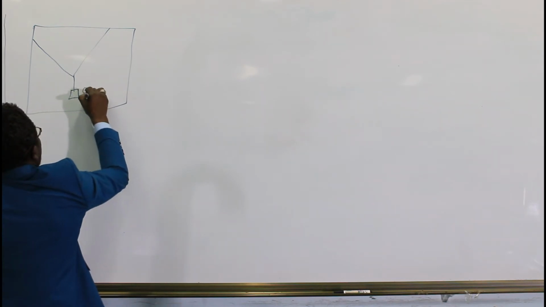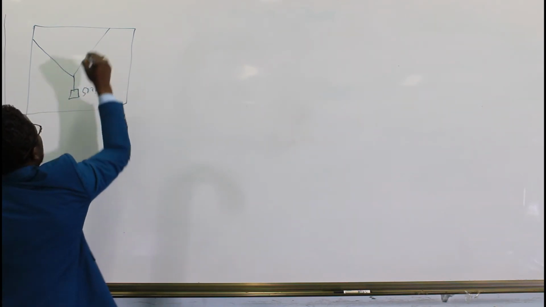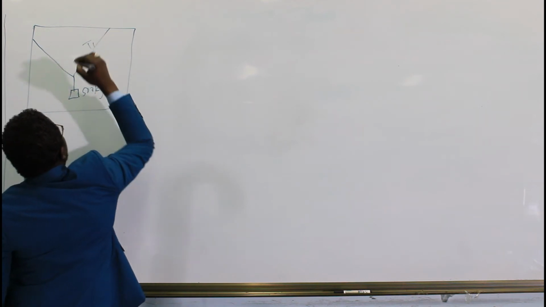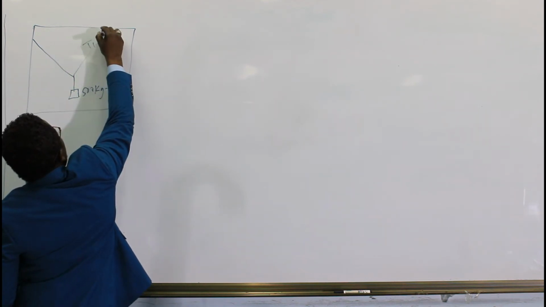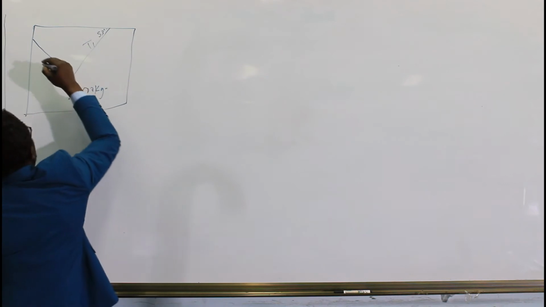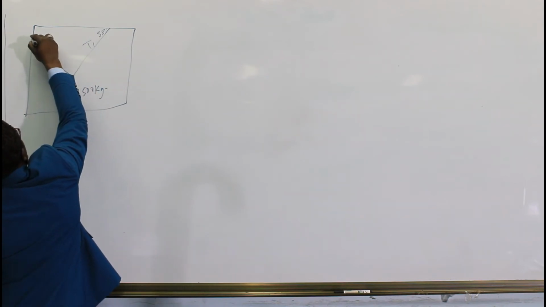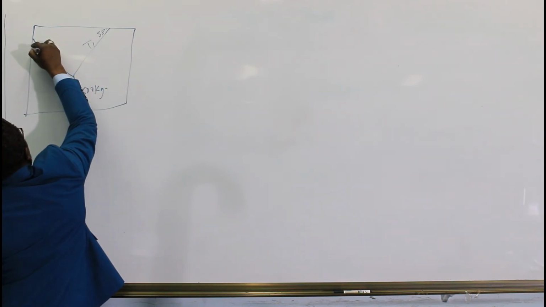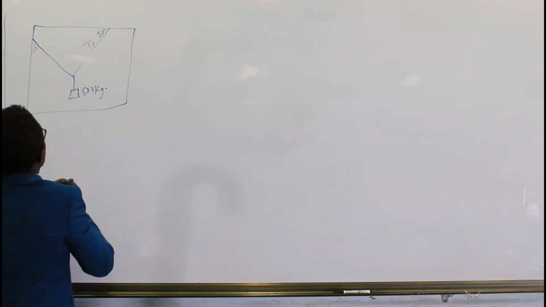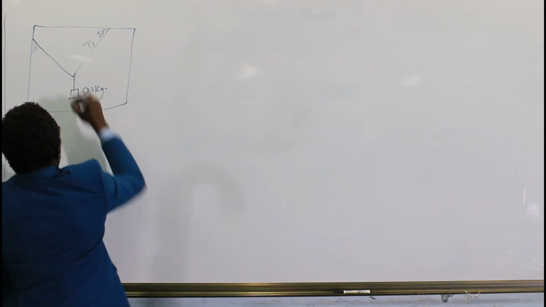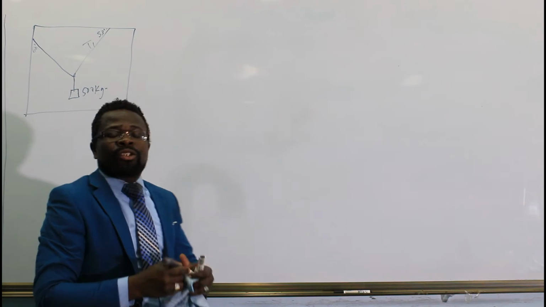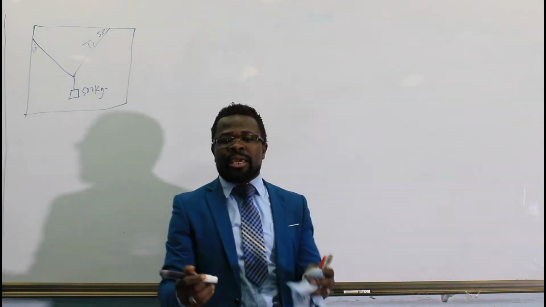The mass is 500 kg. There is a tension. Let's call this one T1 at an angle of 53 degrees. There is also another tension here at an angle of 60 degrees. Okay, good. Now we are told that we need to find the tension in the cables.